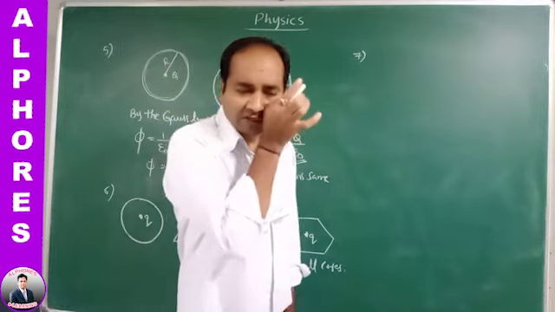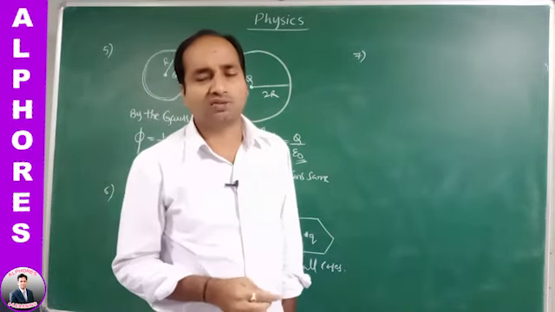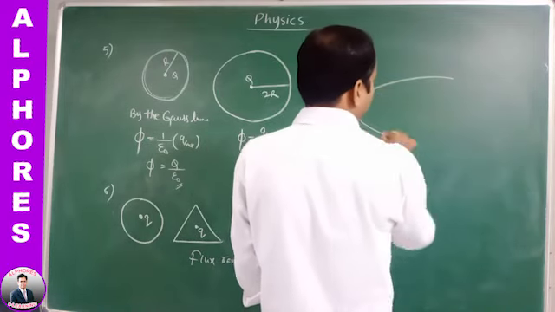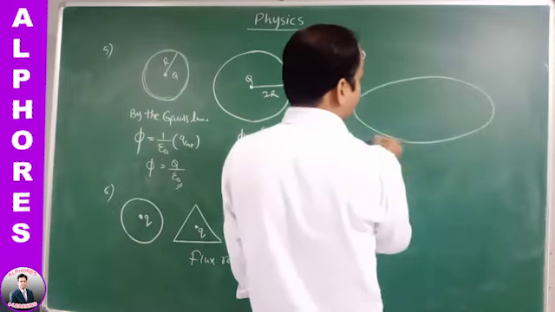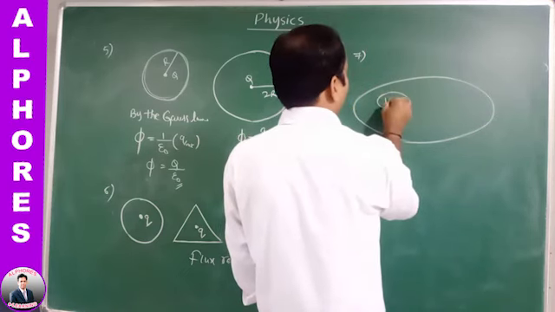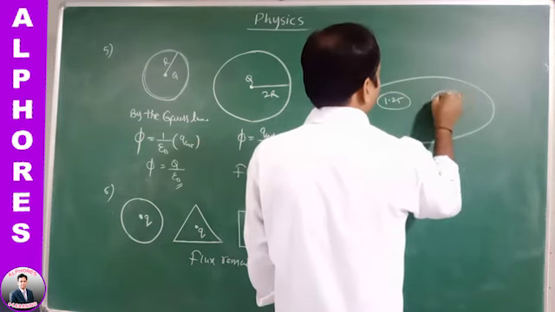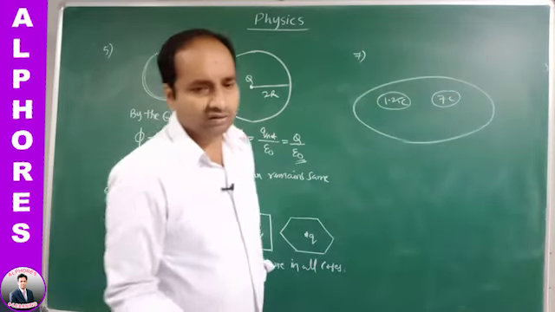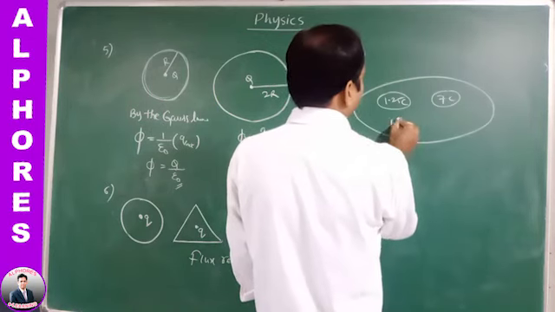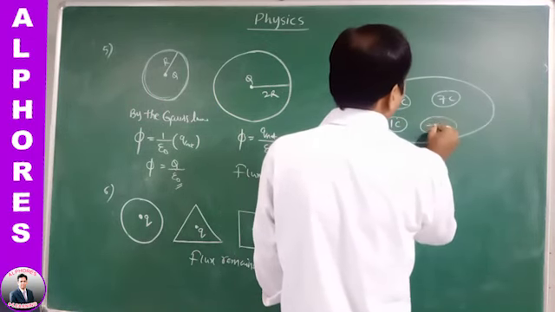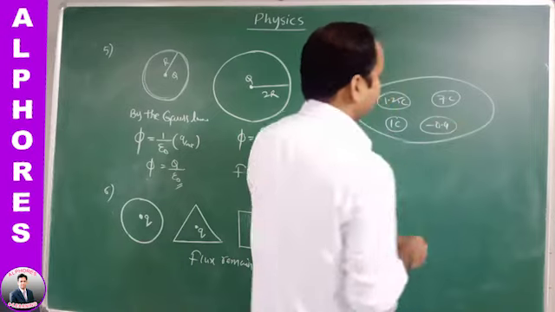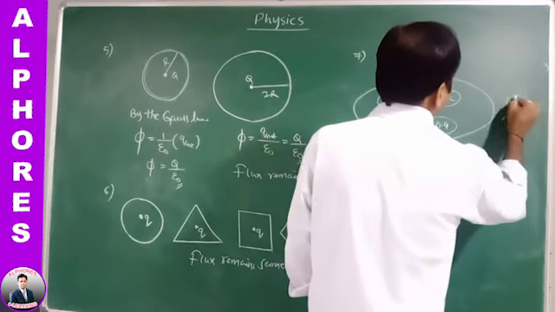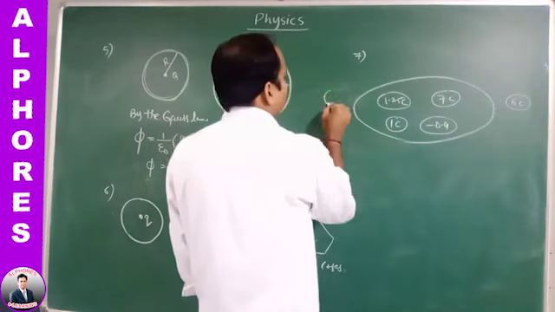For example, suppose they give the electric flux through an enclosed surface, a closed surface like this. Let us assume this is a closed surface. In this we have charges like 1.25 coulombs, 7 coulombs, 1 coulomb, and minus 0.4 coulomb. Here 6 coulombs and here 5 coulombs.